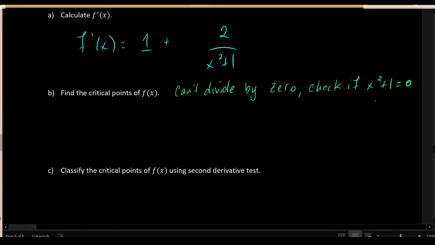However, such a thing would require x squared to be equal to minus 1, but since we're only dealing with real numbers for x, this is not possible when x is a real number. So this function, f prime of x, is always defined.